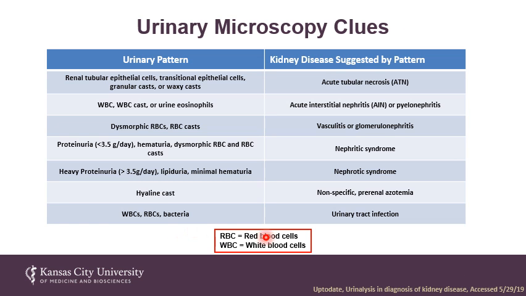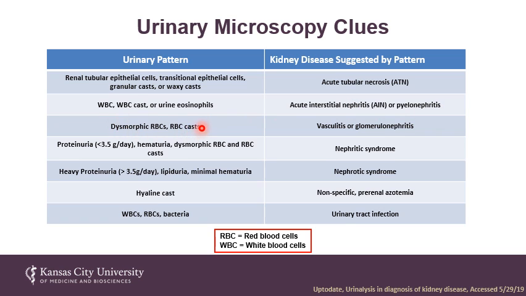And then this is something I would ask you to try to memorize, the urine microscopy clues of what's going on. So if you see this urinary pattern, you would think this. So if you see renal tubular epithelial cells or transitional epithelial cells or what we call granular cast or waxy cast, the patient very likely has ATN. If you see white cells or white cell cast or urine eosinophils, they could have interstitial nephritis or pyelonephritis.